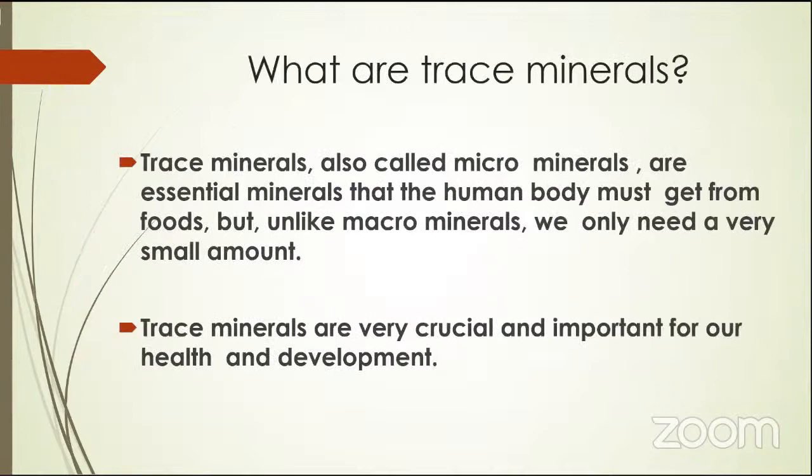What are trace minerals? Trace minerals are also called microminerals and are essential minerals that the human body must get from foods. But unlike macrominerals, we only need a very small amount. Trace minerals are very crucial and important for our health and development.